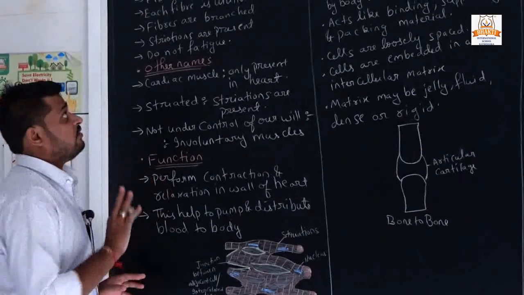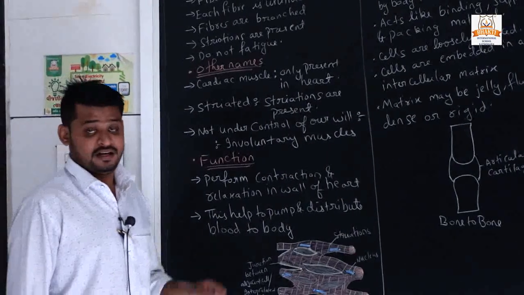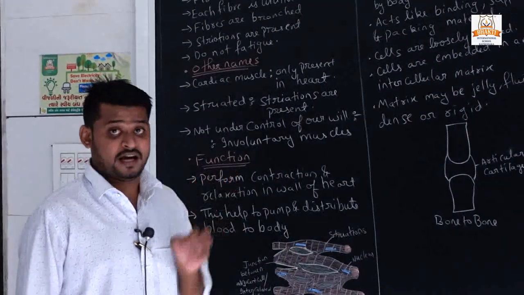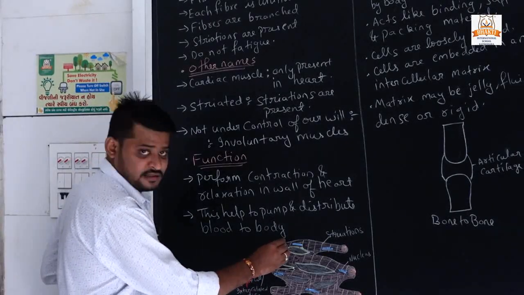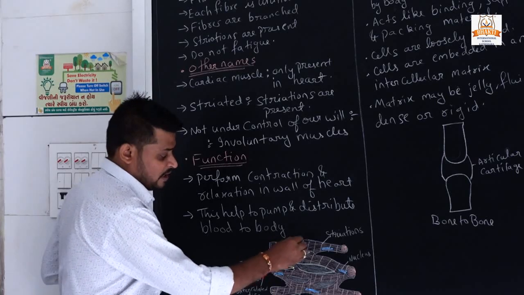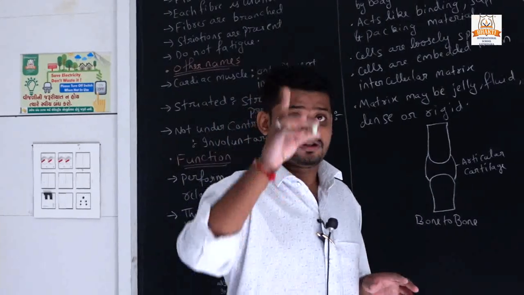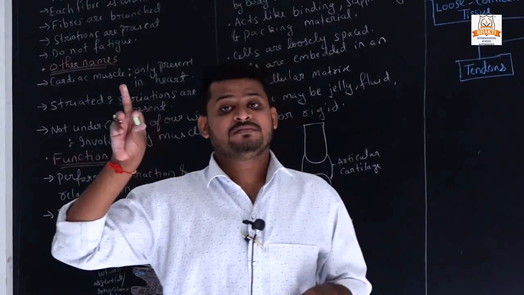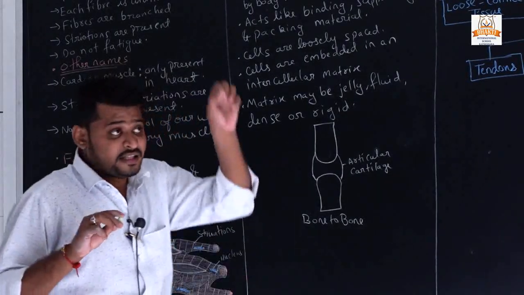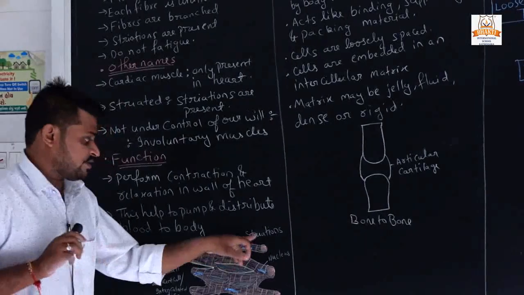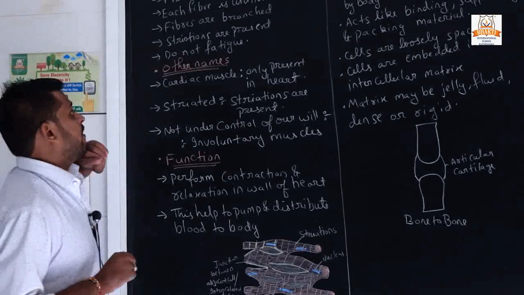These are the characteristics of cardiac muscle. Striations are present. What are striations? The alternation of light and dark parts is called striations, meaning these strips are present, like the stripes on a tiger and a zebra, black and white in a zebra, yellow and black in a tiger. These are called striations, and they are present in cardiac muscles.